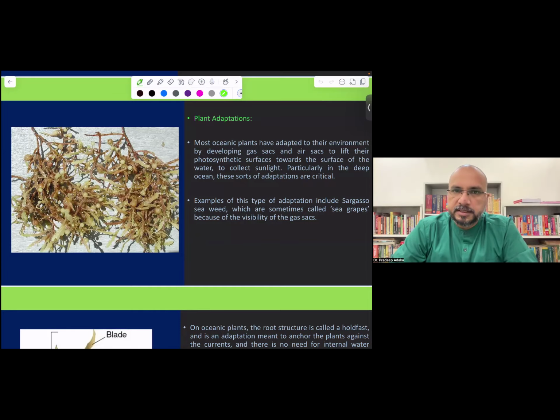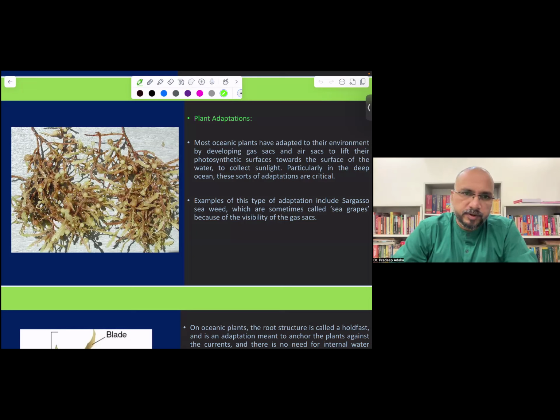We were discussing the aquatic biome, and we have seen the different types: the freshwater biomes, the saline water biomes, or the marine biomes. We also saw different types of freshwater biome, the static and the floating, or moving type, sorry.